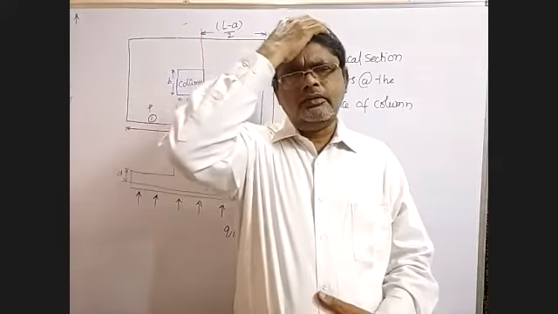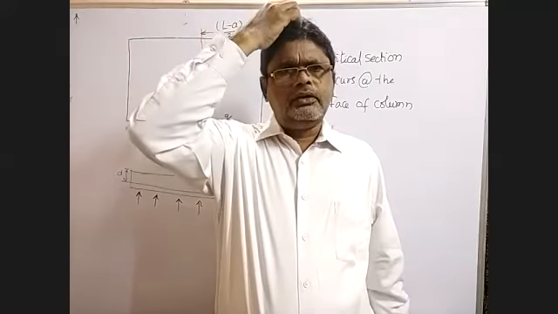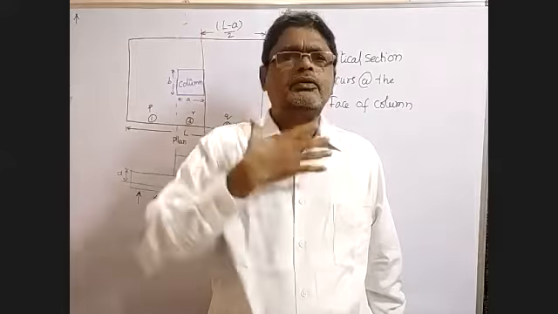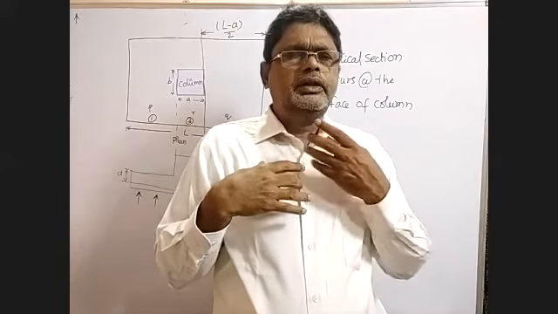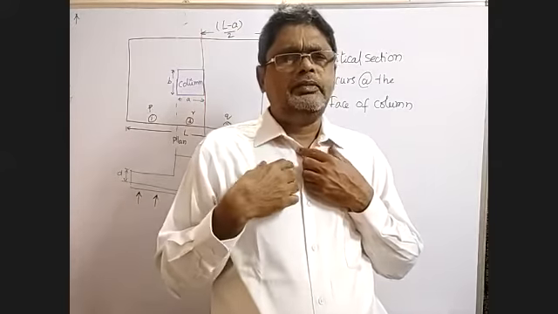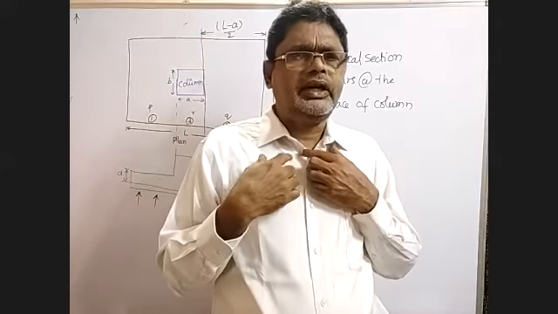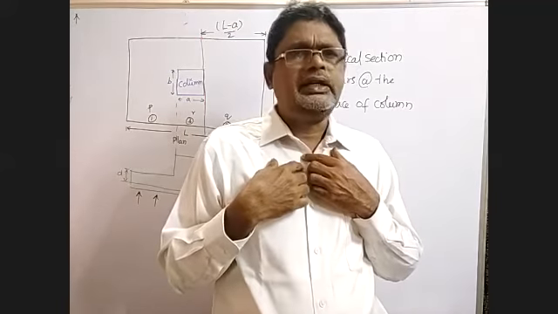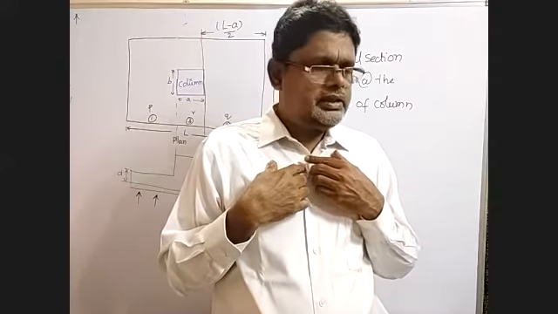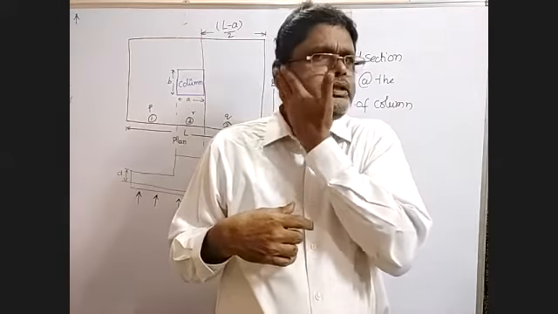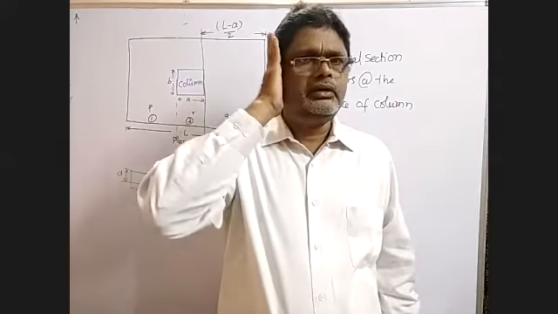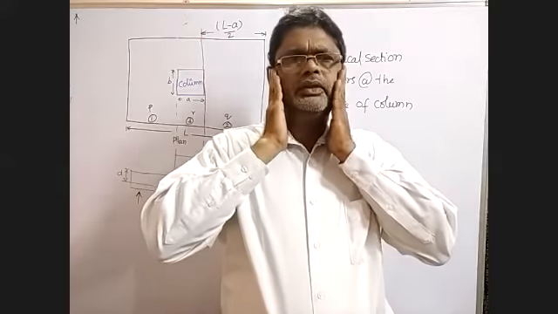My head is a column and now I am transmitting load from the column to the footing. Here the bending moment criterion is taken: the critical section occurs at the face of this column. Let us say this is the face of this column. This is one face, this is another face.